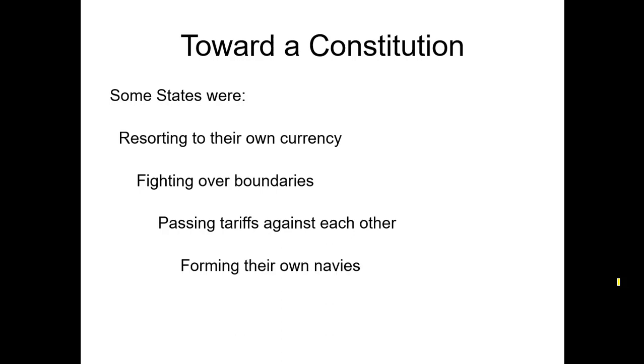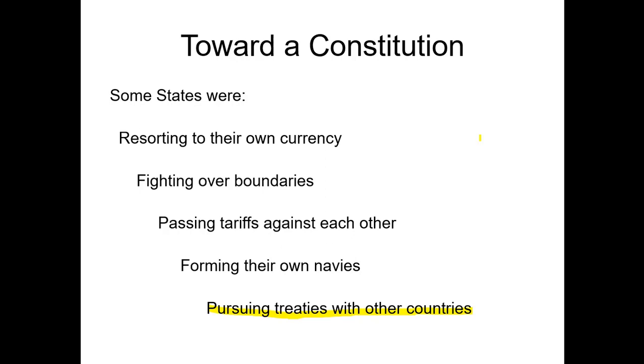Some states were keeping their own navies, which could have been potentially problematic if a conflict broke out. Potentially the worst case scenario was that one of the American states would pursue a treaty with another country. We see that Britain and France were still at odds, and they were eventually going to be at war later on anyway.